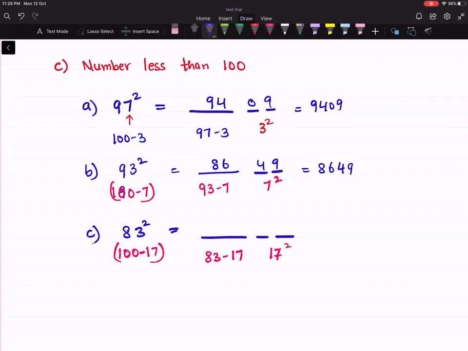Right? 17 square is 289. Out of that, 2 will get carried forward. 89 will come here. 83 minus 17, that's 66. So this number is 66. And when you solve it, you'll get 6889. That's my answer.